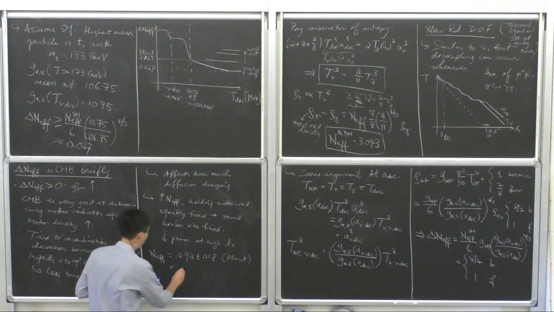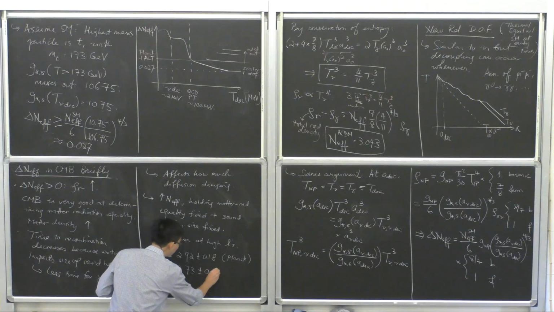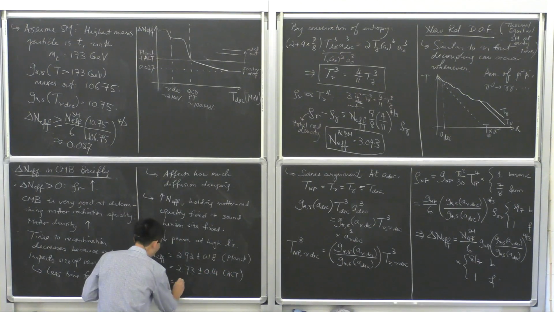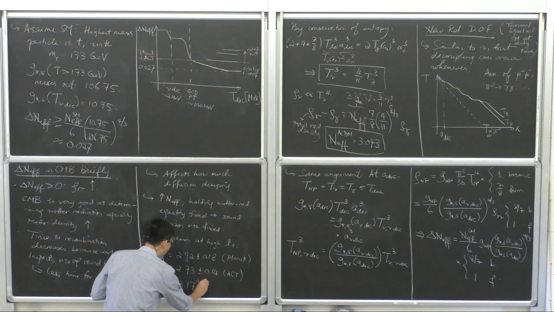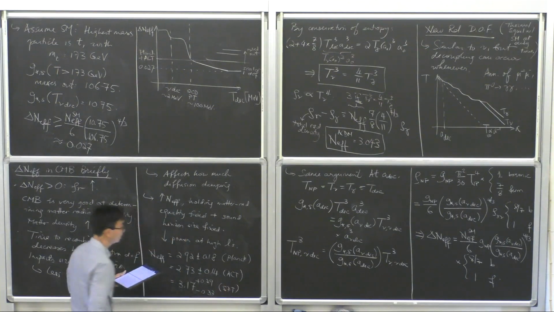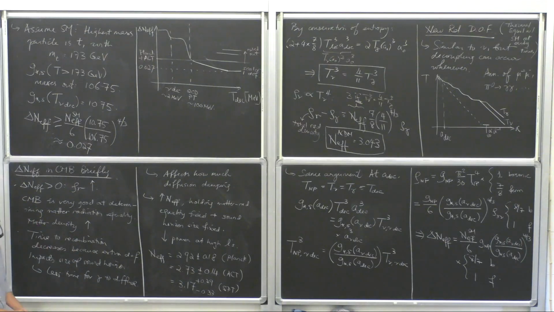So I'll just write all of the determinations from the other experiments separately. This is ACT. And then SPT is 0.29 minus 0.33 SPT. Okay? So somewhat consistent with 3 at this point.